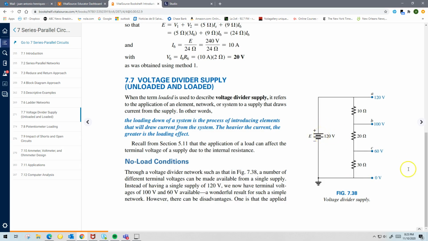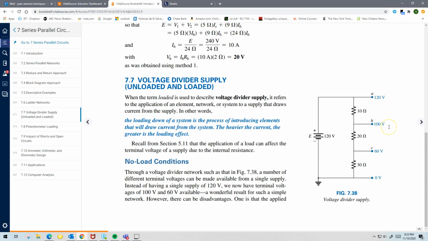Okay. Well, how do I know the voltage from B to ground is 100 volts? How do I know the voltage from C to ground is 60 volts? Right? I don't know. I know that the voltage from A to ground is 120 volts, because this node and that node share the same nodes with the power supply. So VA is obviously 120 volts.